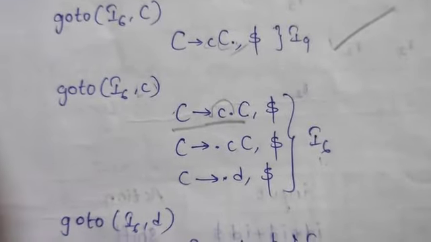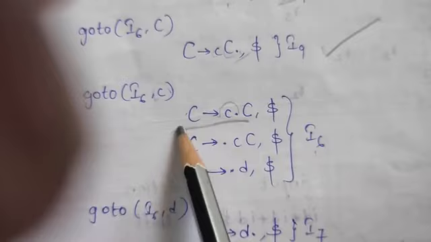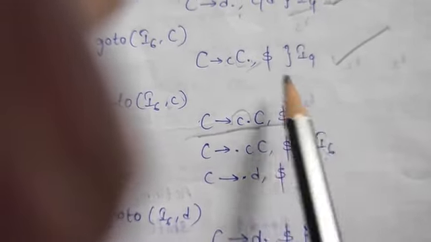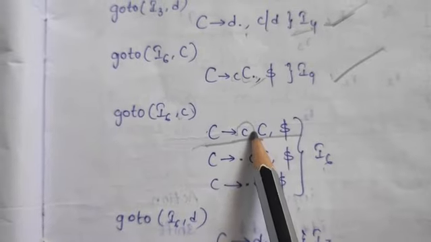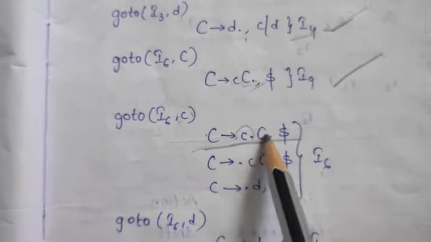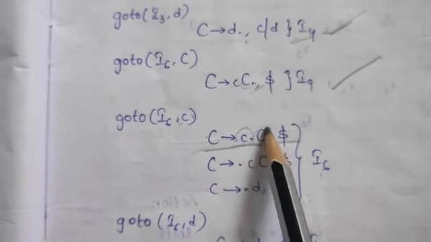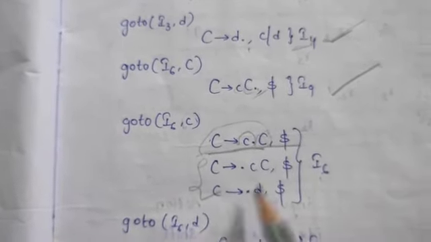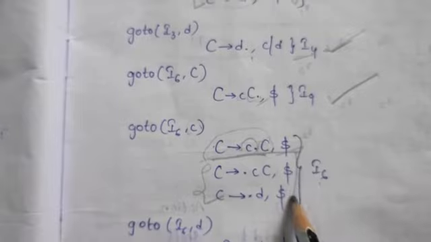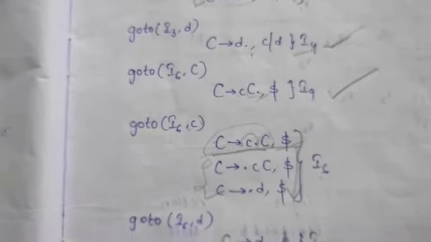For that reason you need to place dollar here. Okay, after finding this production we'll check once again whether any dot is before a capital letter. So here the dot is before this capital C. For that reason you need to place C related productions after that one, and you need to follow the look ahead same as the first production's look ahead.